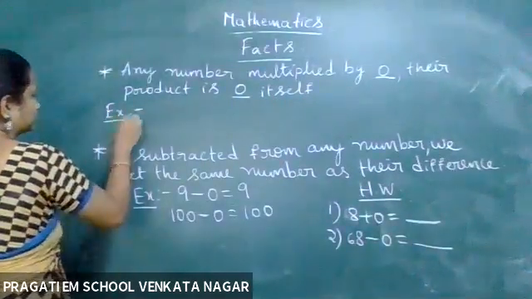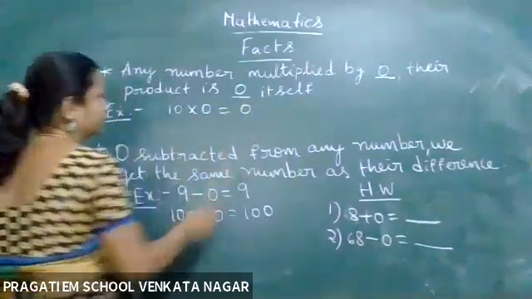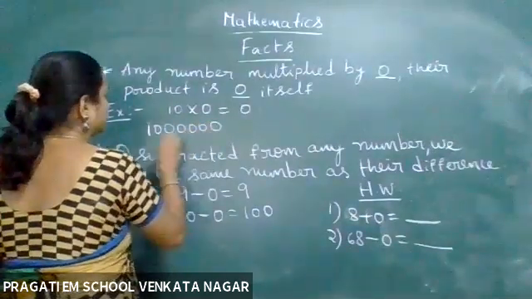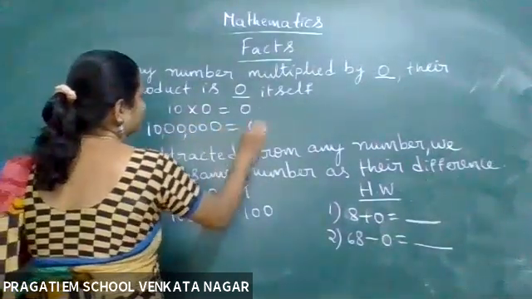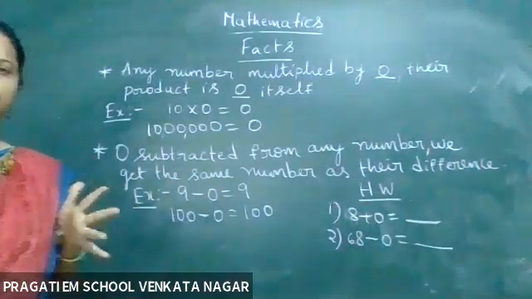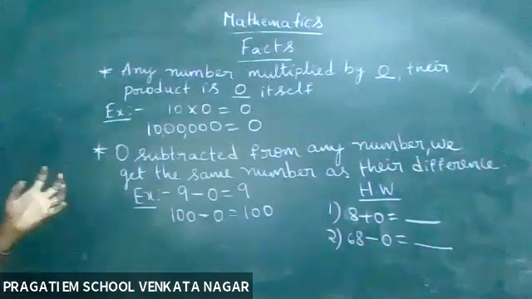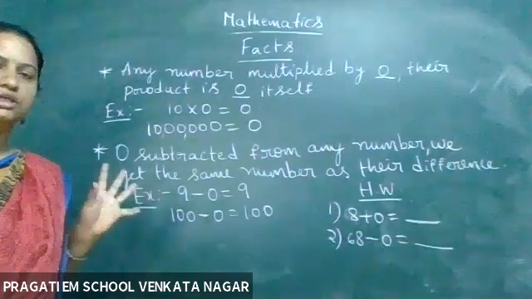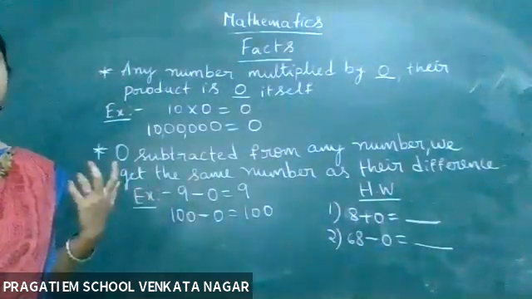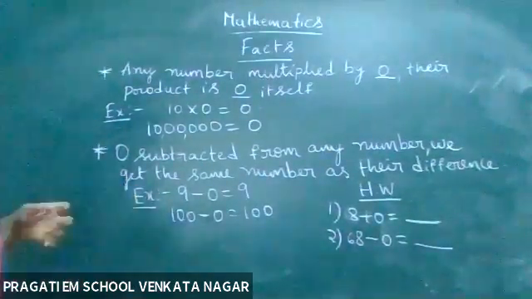Example, 10 multiplied by 0. What do you get? 0 itself. 10 lakh multiplied by 0, you get 0 itself. Multiplication by 0, very important. Children, why am I telling you all these points? Because these are important points and sometimes you neglect this type of points. So I am making you note them down.